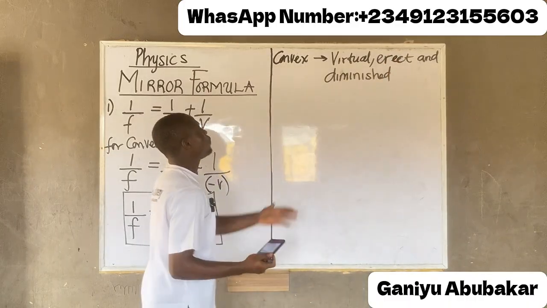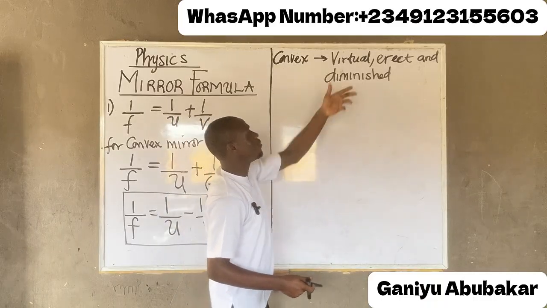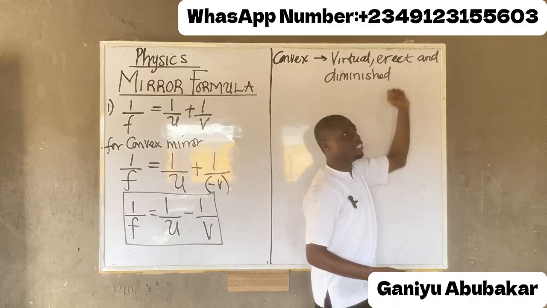So we said a convex mirror produces something called virtual, and move on to erect and diminished.